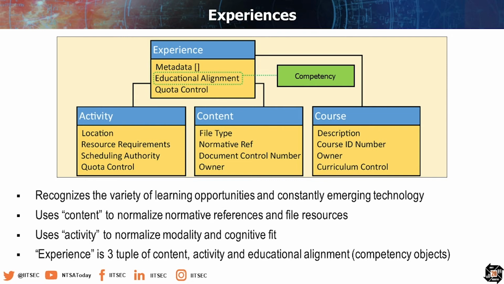So, working with Jerry and IEEE and working with a ton of different groups, we've kind of come up with this mindset that activity plus content equals an experience. Now, you can have a number of different experiences together and knit those together into kind of an experience set, which in some cases might be a course, and other cases it might be a program of instruction, and so on and so forth.